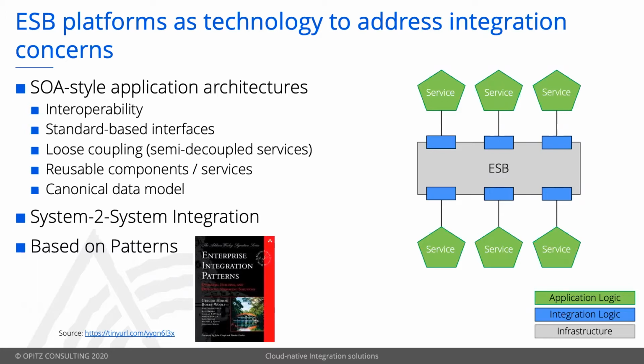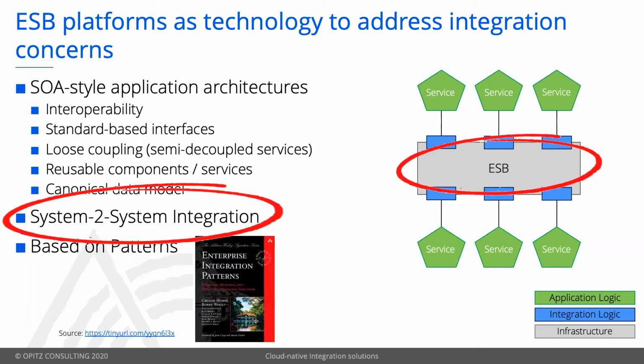But in this slide, we see two things which we need to rethink. The one thing is the heavyweight infrastructure layer here, and the other thing is that in the old days, we just thought of system to system integration when we talked about integration, and it's more than just system to system integration.